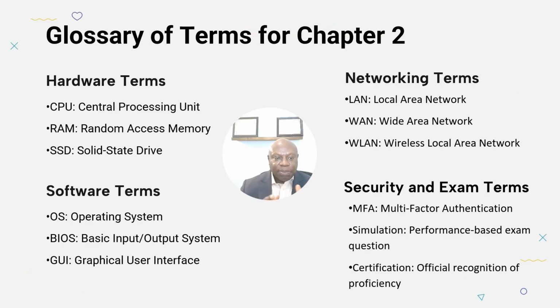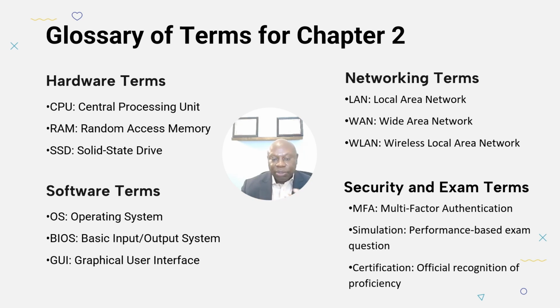Glossary of terms: CPU, central processing unit; RAM, random access memory; SSD, solid state drive. Over on the network terms, you have LAN, local area network; WAN, wide area network; and WLAN, wireless local area network. Software terms: operating system, OS; BIOS, basic input and output system; GUI, graphical user interface.